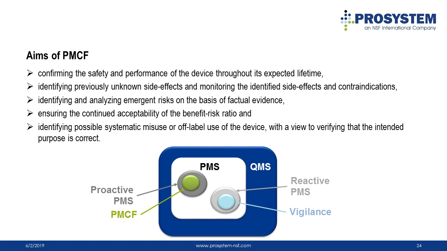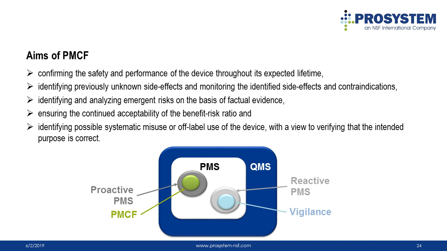As an essential part of the proactive PMS, the aims of the PMCF are to, firstly, confirm the safety and performance of the device throughout its expected lifetime, identify previously unknown side effects, and monitor the identified side effects and the contraindications, such as to identify rare complications.